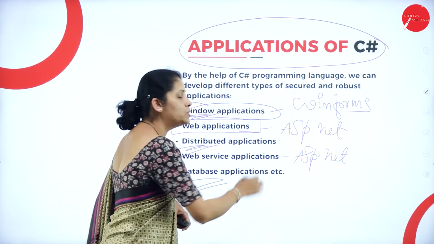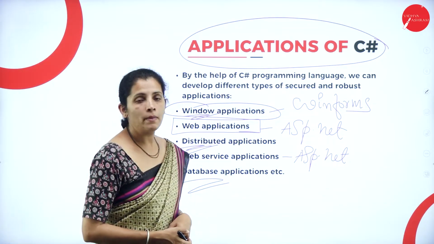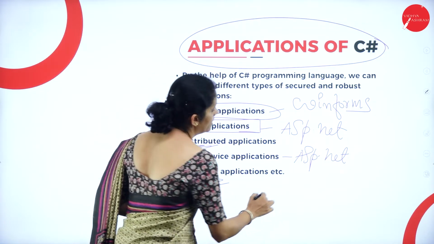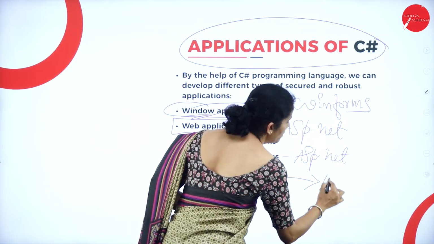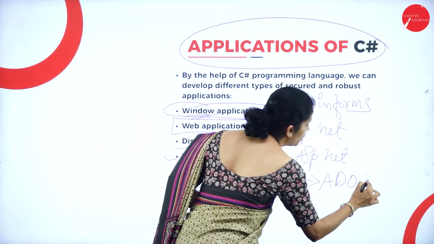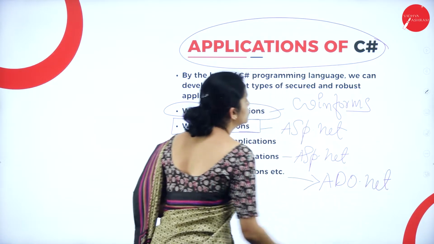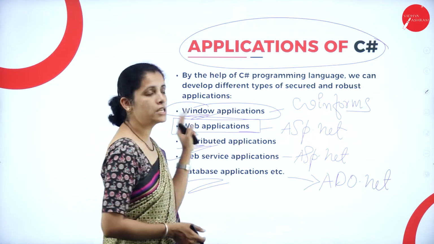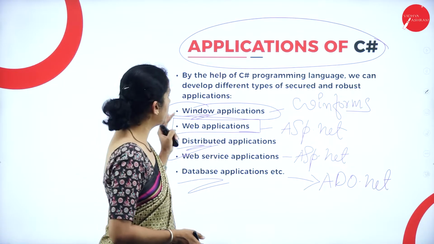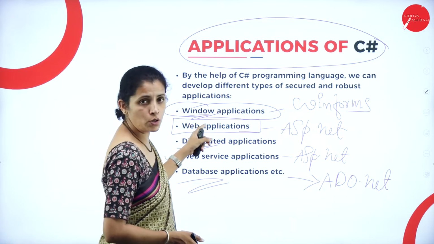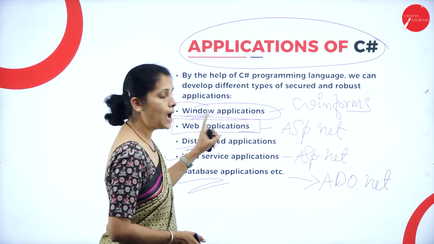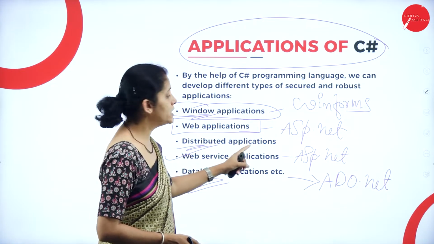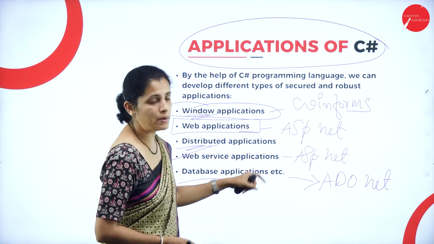And if I want to design any database applications, then I can have ADO.NET. So these are the uses or applications of C#. What are the applications? Windows application, web application, distributed application, web service application.